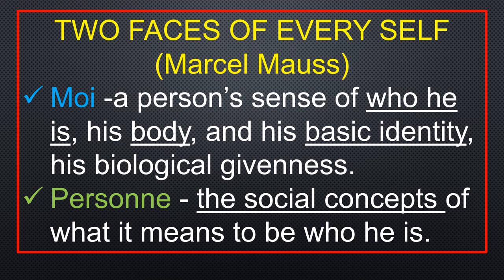So that is the moi. That is the first thing that people could identify you, or your description, or perhaps your body. Say, for example, your biological givenness, just like your height, your health, your complexion, your hair, and like that. Okay, so your basic identity.